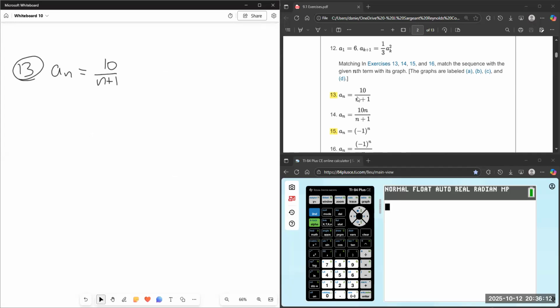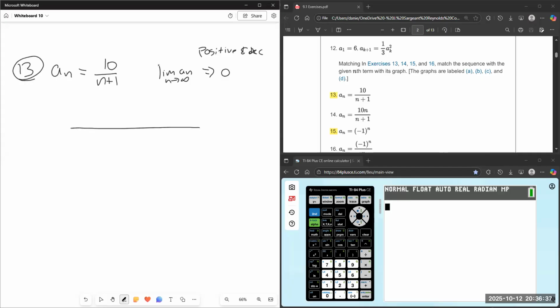So if I look at the limit of a sub n as n goes to infinity here, that's going to go towards 0. It's going to be positive and decreasing, related to the graph of 1 over n plus 1.